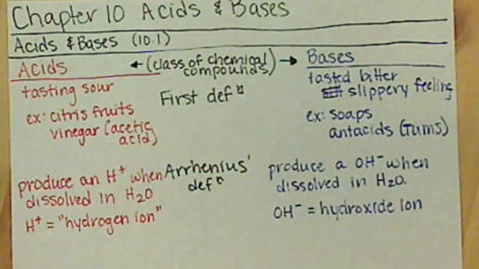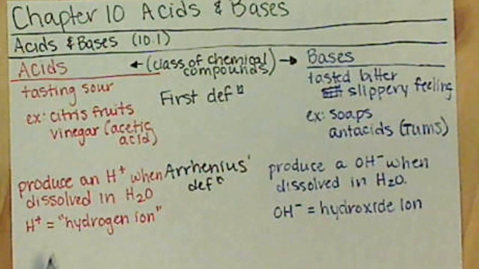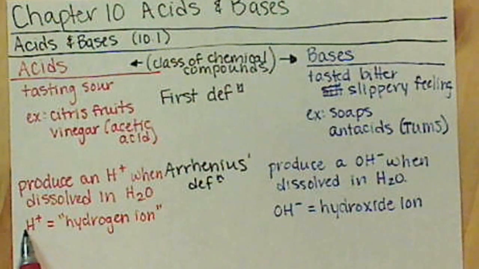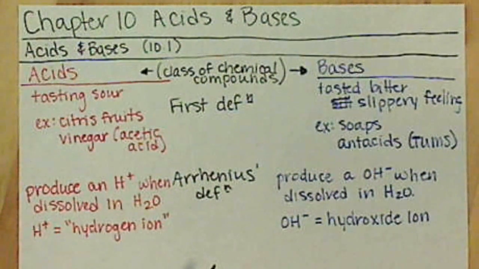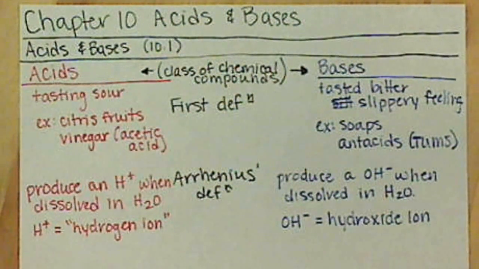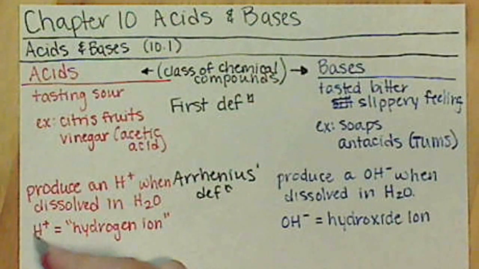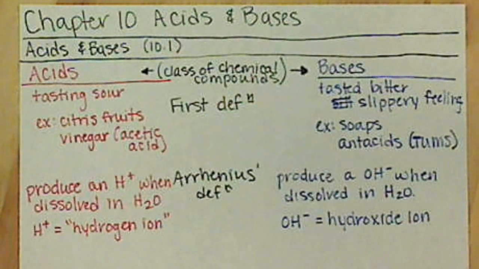Hydrogen has one proton and therefore in its elemental form has one electron. When it loses that one electron, it becomes the hydrogen ion. And since its nucleus only has one proton, if it loses that electron, all this is, is a proton. There are no electrons, there are no neutrons, it's just a proton.